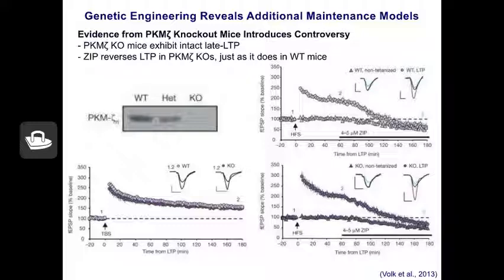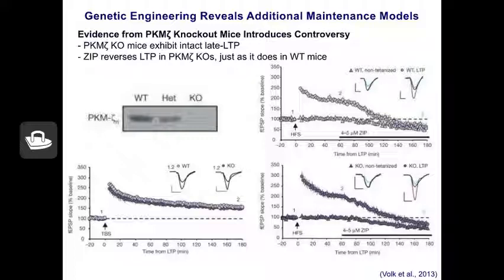But a challenge came along a few years ago when Volk and colleagues tested protein kinase M-zeta knockout mice for long-term potentiation of Schaffer collateral inputs to CA1 pyramidal cells and for long-term memory in a variety of behavioral tests.